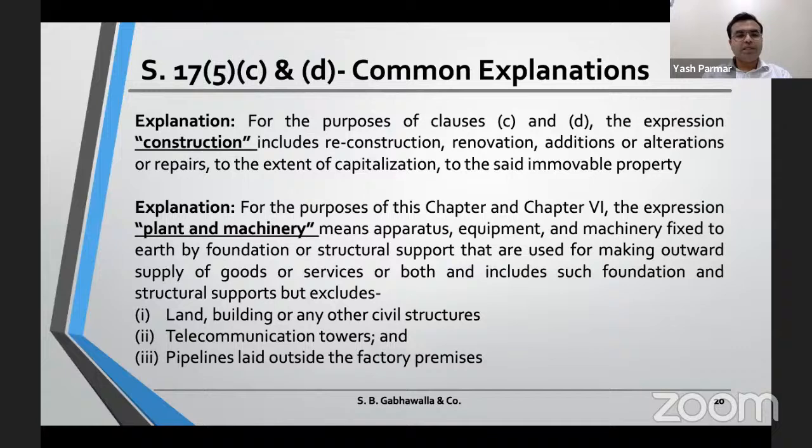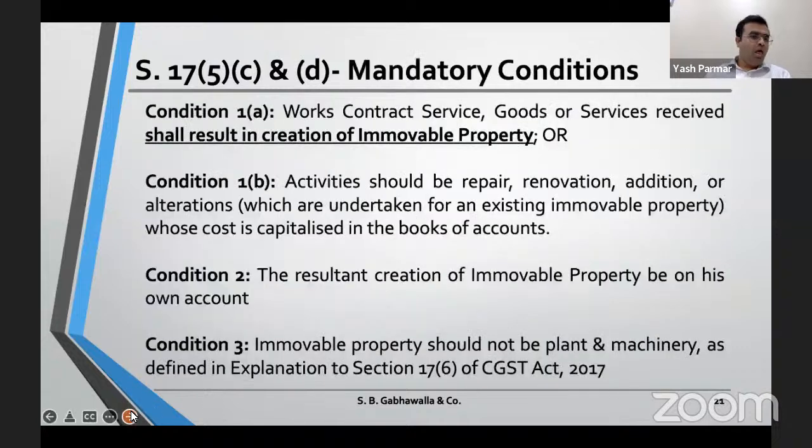And the term plant and machinery is defined to mean apparatus, equipment, and machinery fixed to earth by foundation or structural support that are used for making outward supply of goods or services or both, and includes such foundation and structural support but excludes land, building, or any other civil structure. It excludes telecommunication towers, and it excludes pipeline laid outside the factory premises. So these are the definitions of construction and plant and machinery.